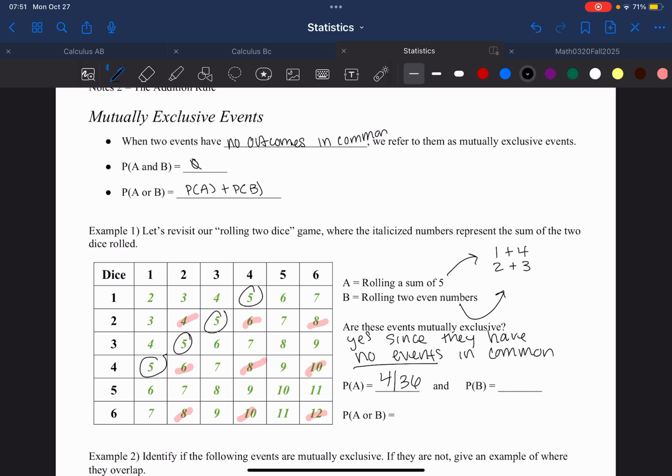That would be all the possibilities of rolling 2 even numbers. That's 9 out of 36.